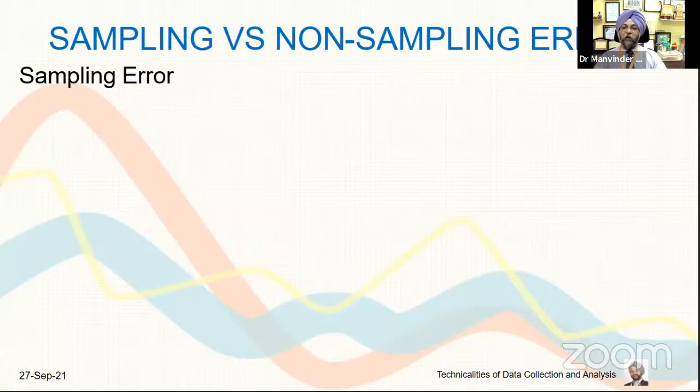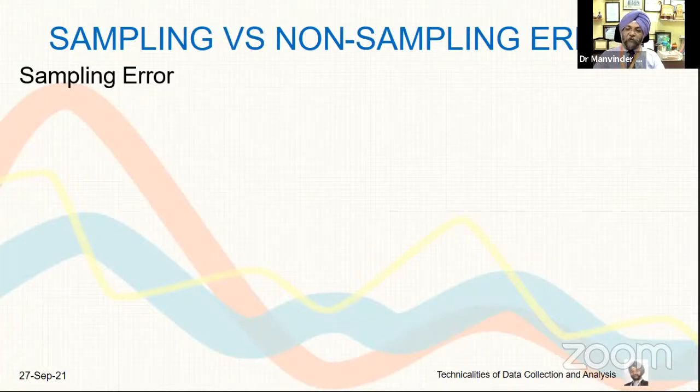I will check their heights and assume that the 200 students have the same height. Let us assume for simplicity that the true value of the population mean, the parameter, is known to us, and I just want to check whether the sample is saying the same thing or not.